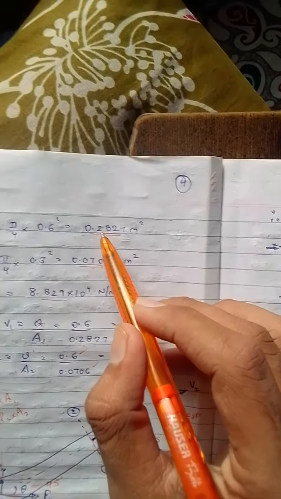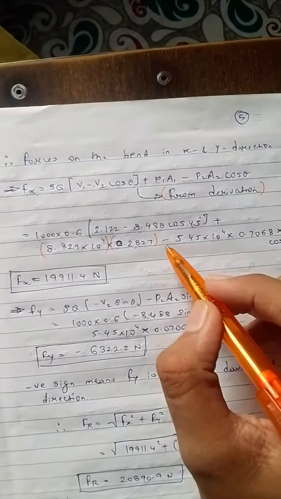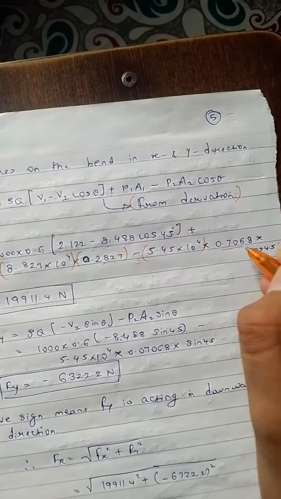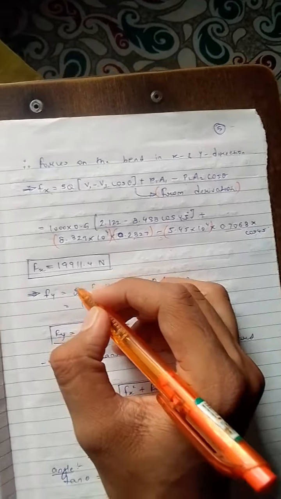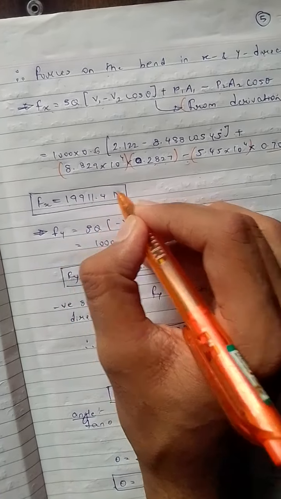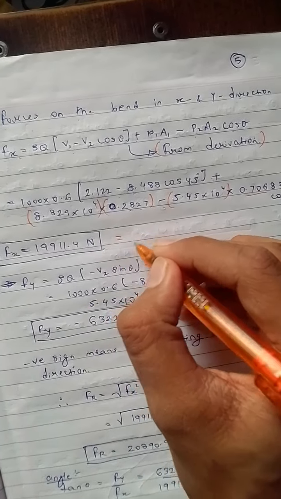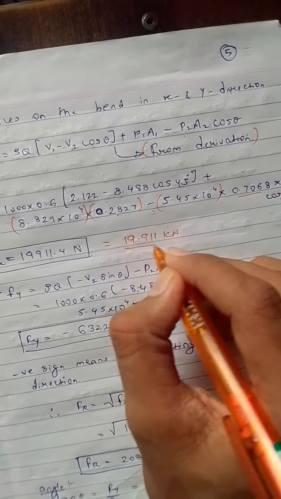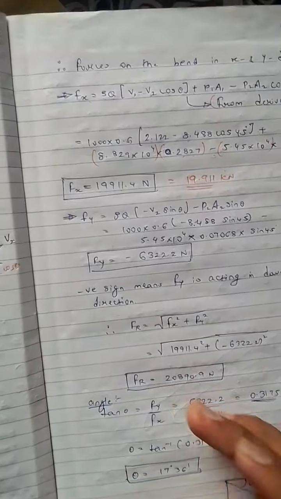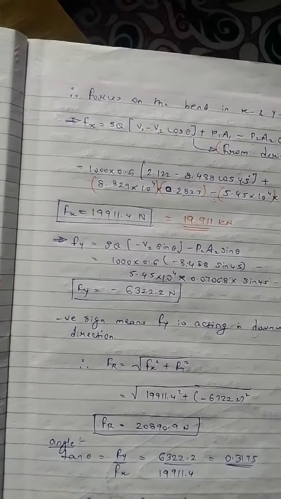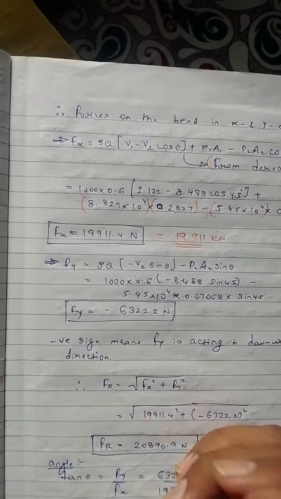A1 is 0.2827, minus P2 into A2 into cos theta. So Fx equals 19,911.4 Newton, which is equal to 19.911 kilonewton, right?